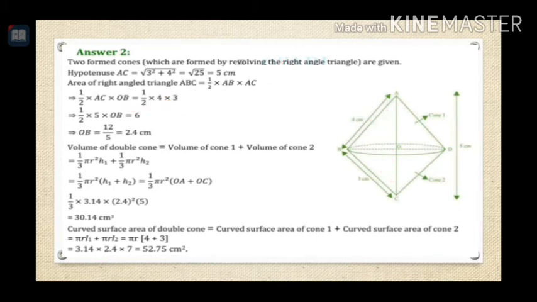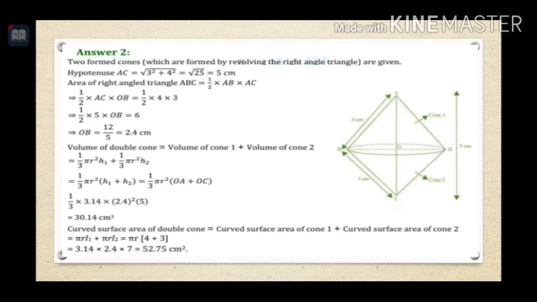Again, in place of area of triangle you can write half into AC into OB. AC is this one and OB is this one. Now as you can see, this AC is perpendicular to OB.